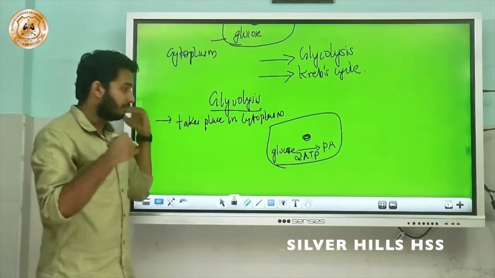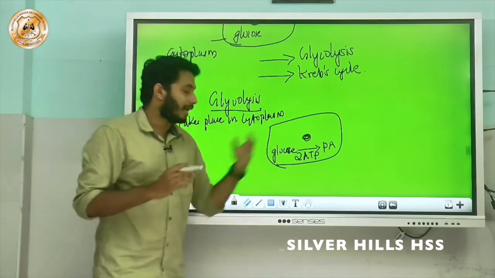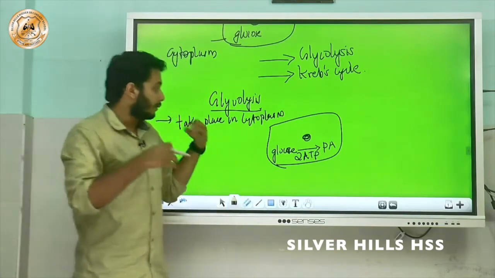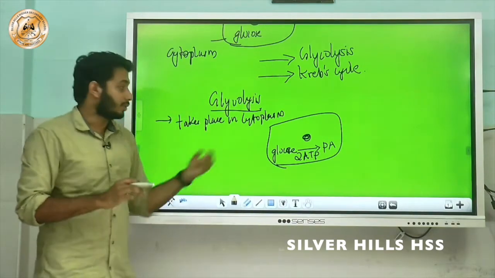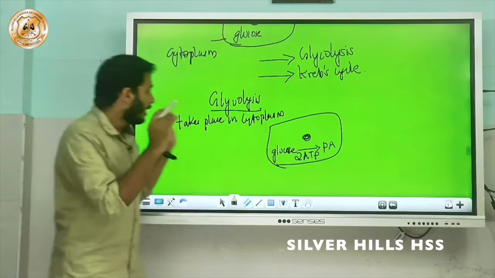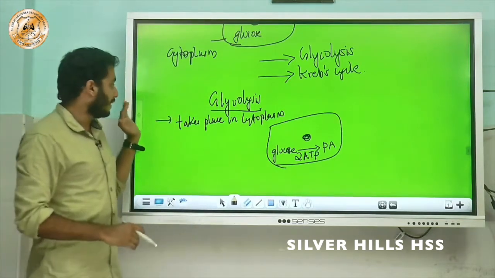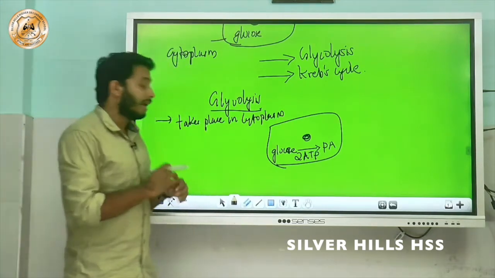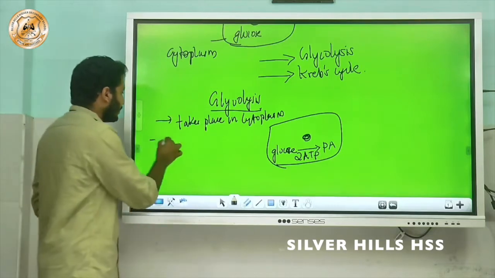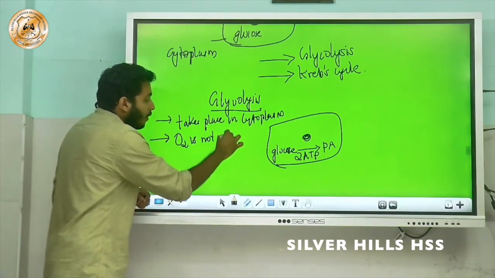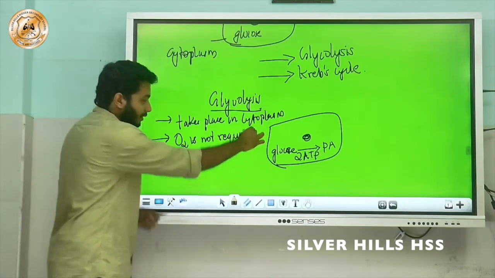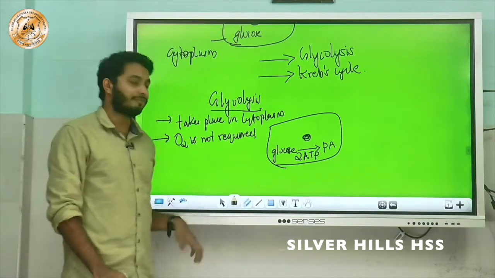The conversion of glucose into pyruvic acid is termed glycolysis. During this process, 2 ATP molecules are produced, and glycolysis takes place in the cytoplasm. Another feature of glycolysis is that oxygen is not required for this phase.